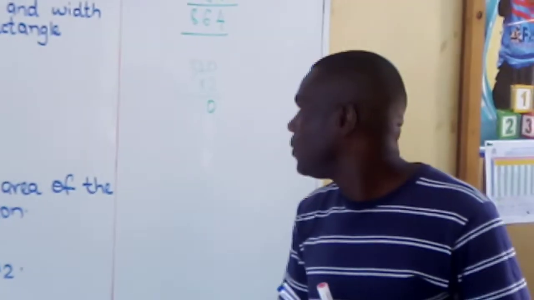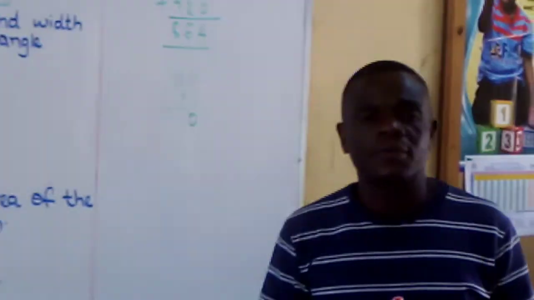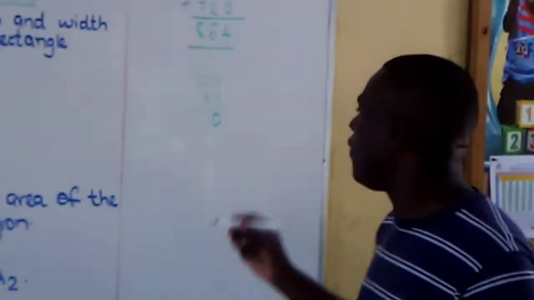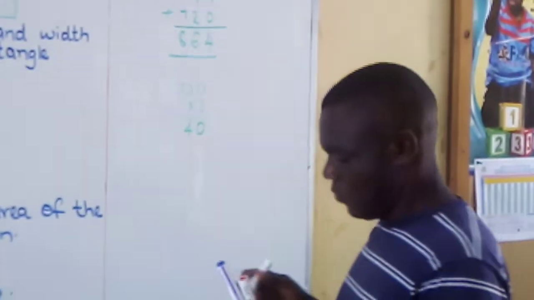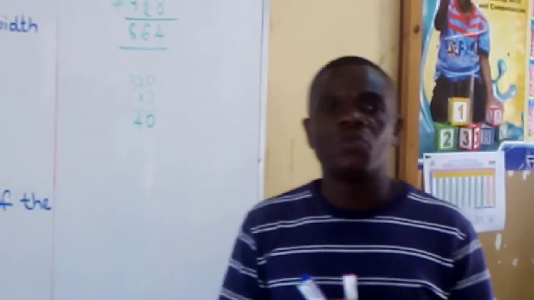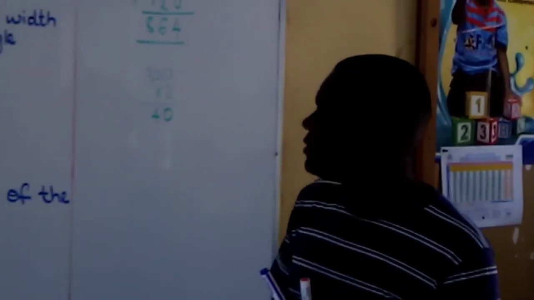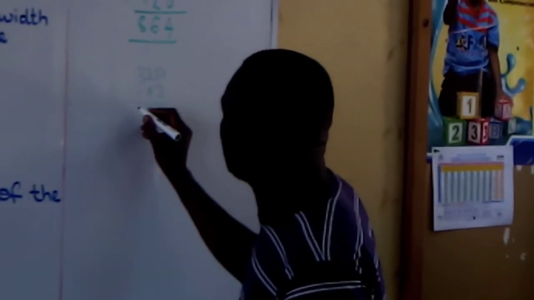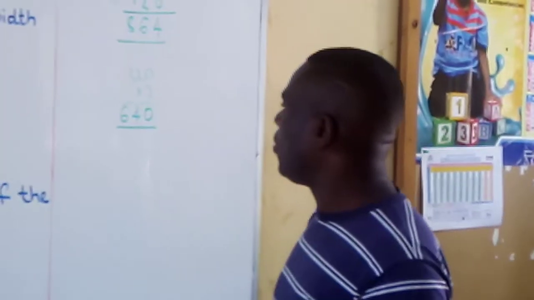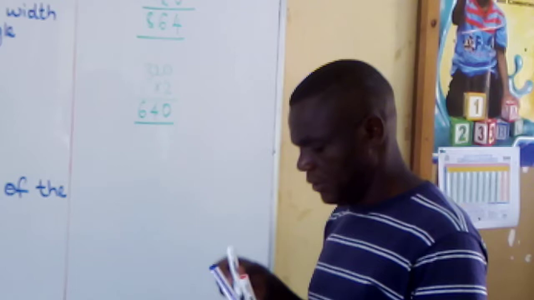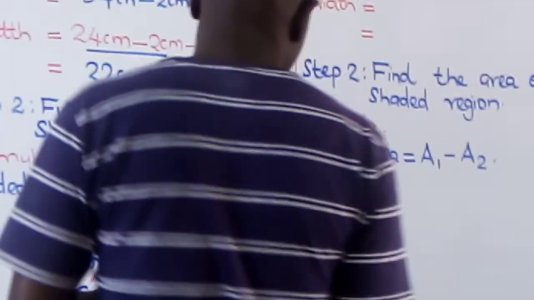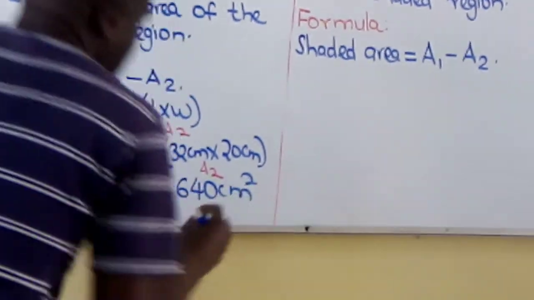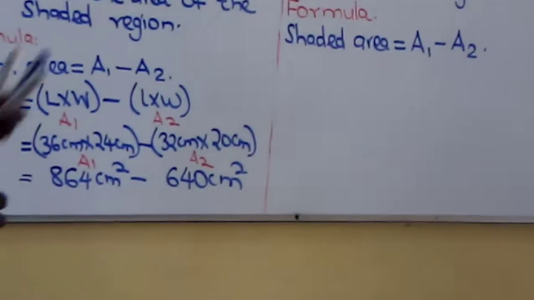What is 2 multiplied by 2? Come on, Scarlett. The answer is 4. Thank you. What is 2 multiplied by 3? Sylvia. Thank you. The answer is 6. So we got 640. That is the area, 640 square centimeters is the area of the inner rectangle.